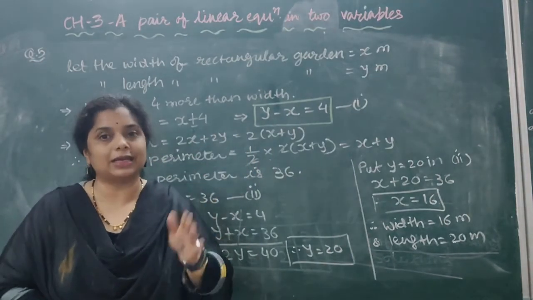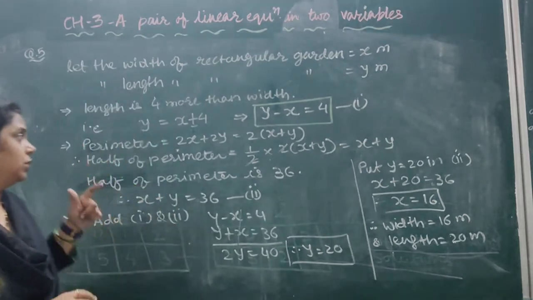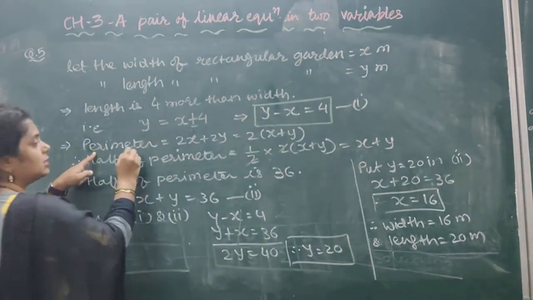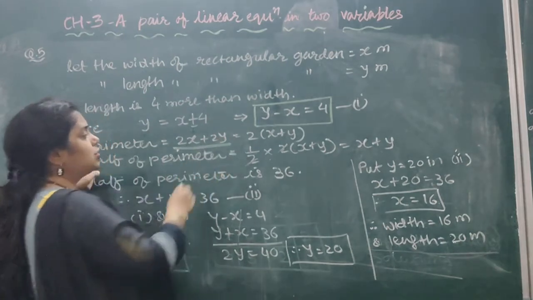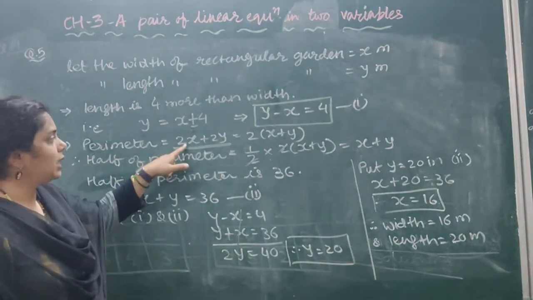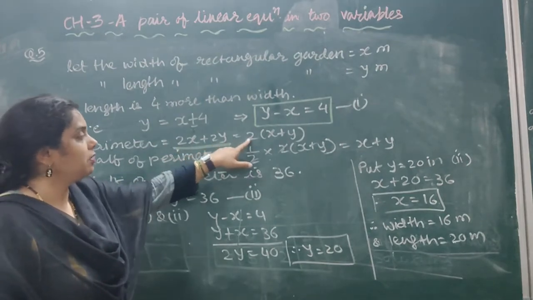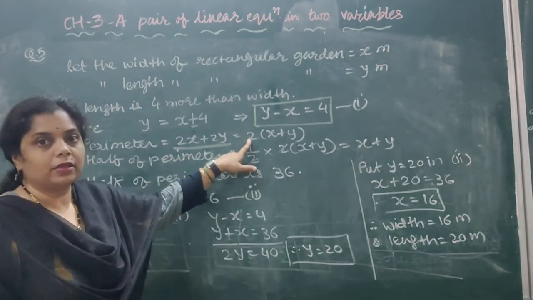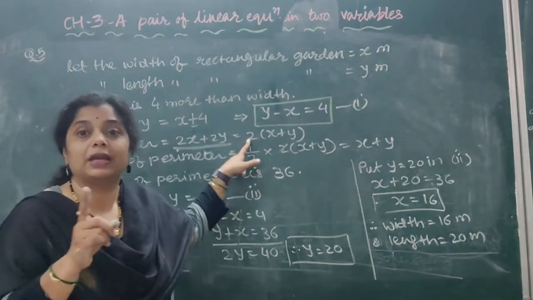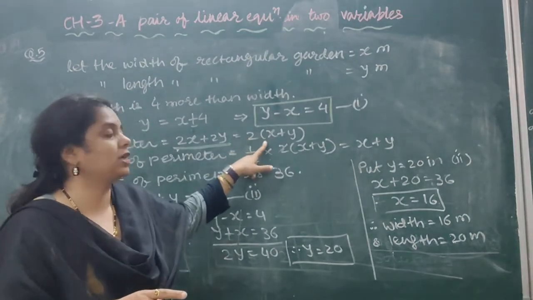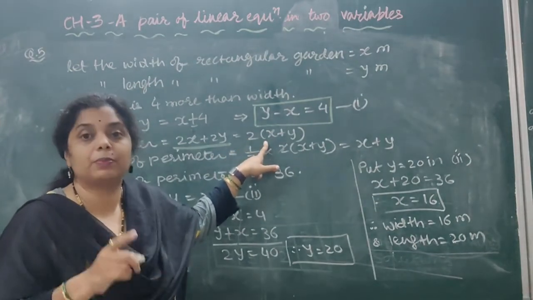Now we will get the second equation from the second condition. As for the perimeter, as I just told you, it is the addition of sides, 2 times width plus 2 times length. So if I take 2 as common, the formula of the perimeter of a rectangle is 2 into x plus y. It is the perimeter.